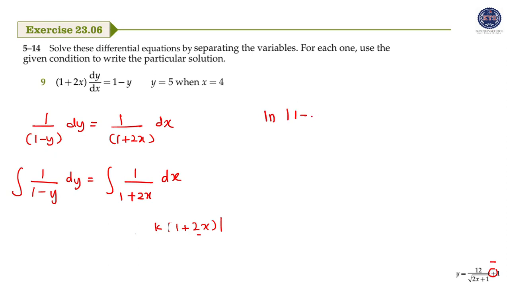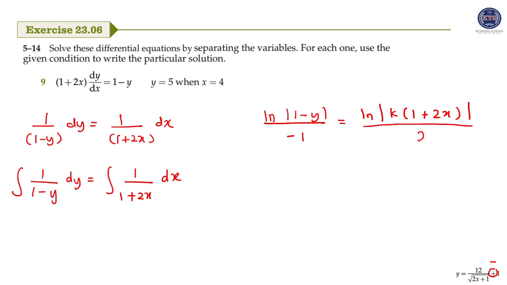ln modulus 1 minus y over negative 1 equal to ln k 1 plus 2x over 2. Alright, so over here you have to apply the law of logarithm.